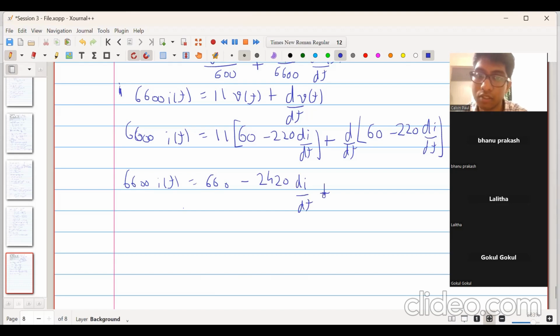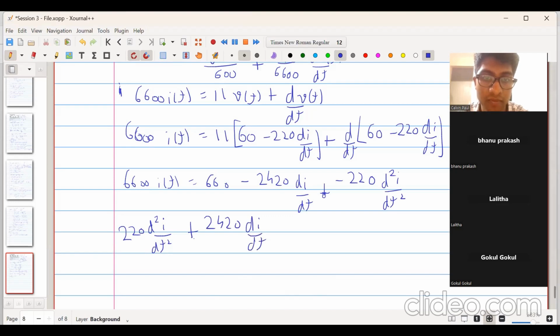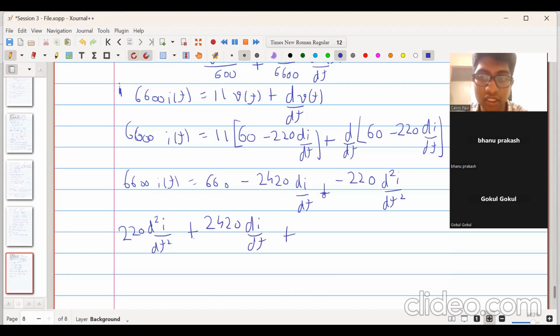So this will be equal to minus 220 d2i upon dt2. We write this in this form: 220 d2i upon dt2 plus 2420 di by dt plus 6600 I of t is equal to 660.